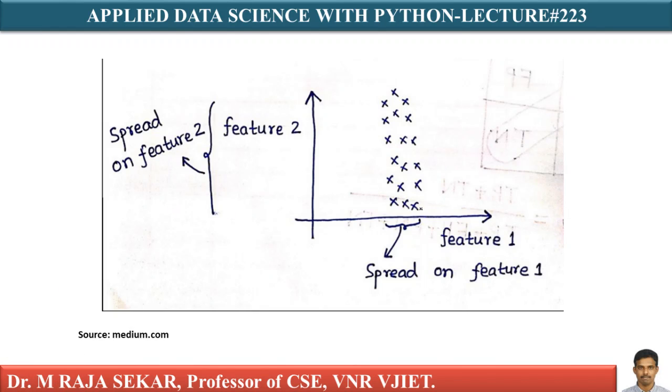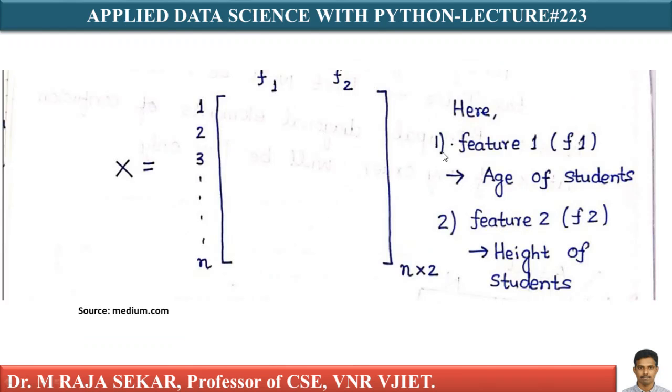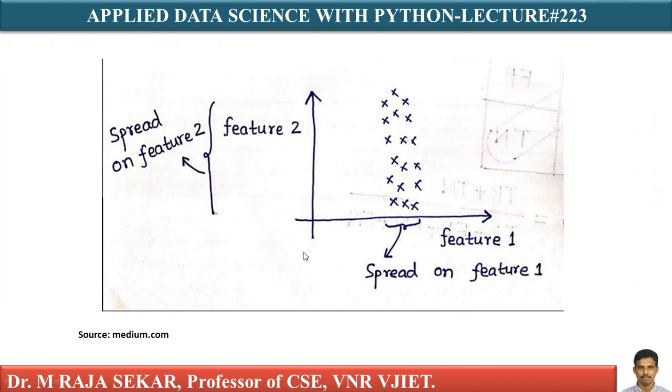Normally in the classroom, what happens? Just go back and see what feature 1 is. Feature 1 is age, feature 2 is height. Therefore, my feature 1, age, is on the x-axis, and my feature 2, height, is on the y-axis.